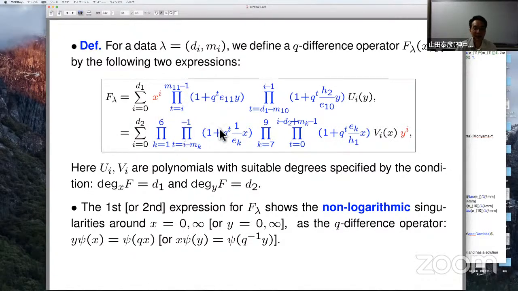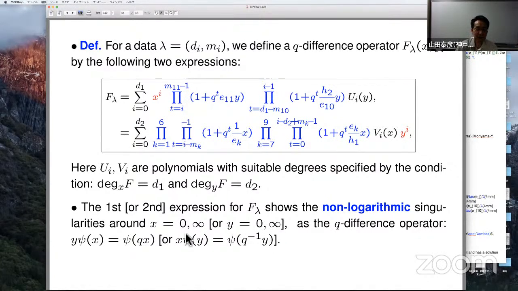Or this second expression shows that this difference operator has the similar non-logarithmic singularity around y equals 0 and y equals infinity.